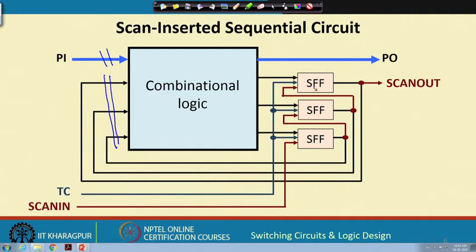Just by adding these additional pins, you can easily control the flip flops, and you can easily observe the value of the flip flops. Now, another thing you see: now that we have a mechanism to completely control the flip flops, this means not only the primary inputs, I can apply any value I want here also, because I can initialize the flip flop.